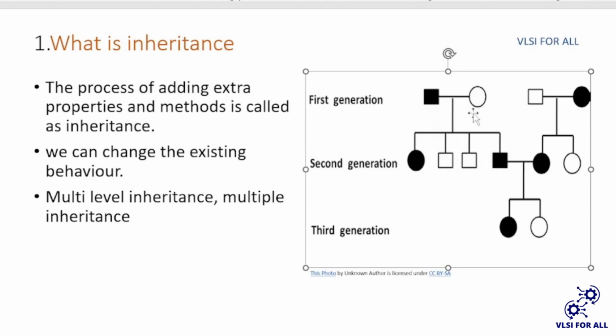If the cycle goes grandparents, then parents, then child, then grandchild, then it is multi-level inheritance.